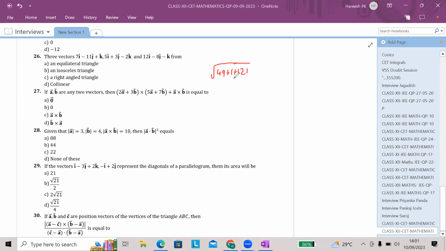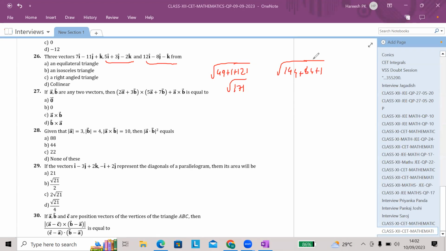So this is like root 171. What about this? This is very small. What about this? Root of 144 plus 64 plus 1. So they are certainly not going to be isosceles or equilateral.